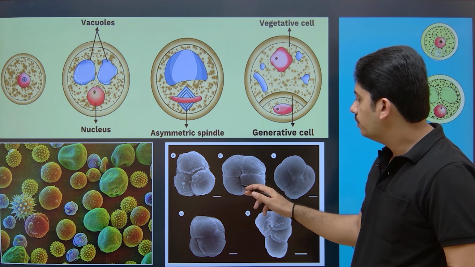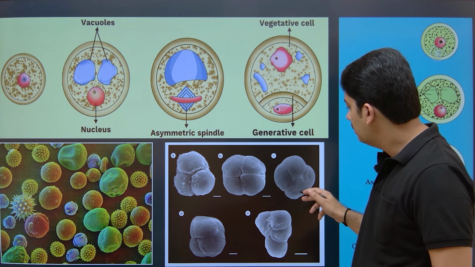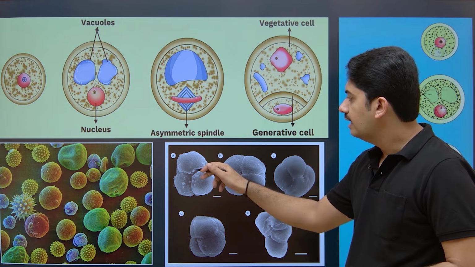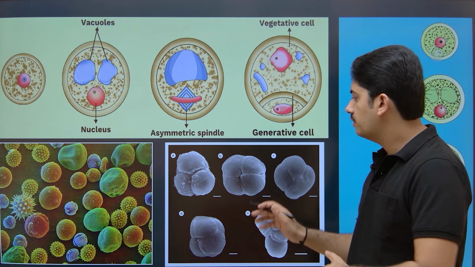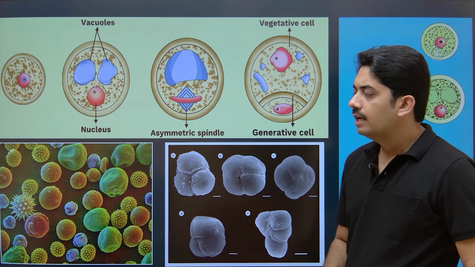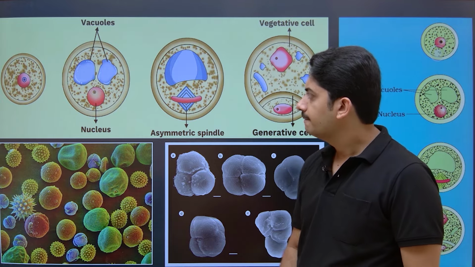All the 4 pollen grains are together in the tetrad form. These pollen tetrads, once they separate, become pollen grains. So the pollen grains shown here are not from one species, they are from different species of plants.